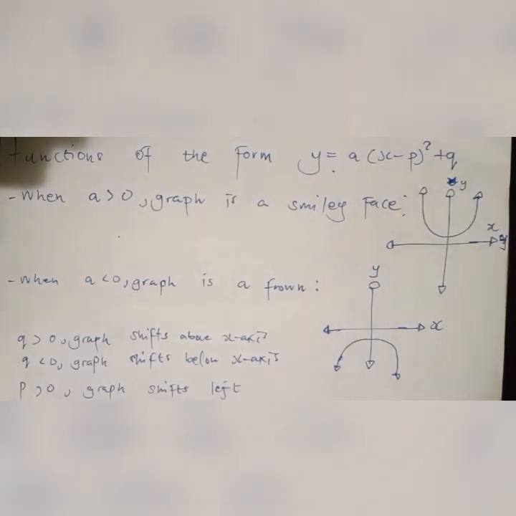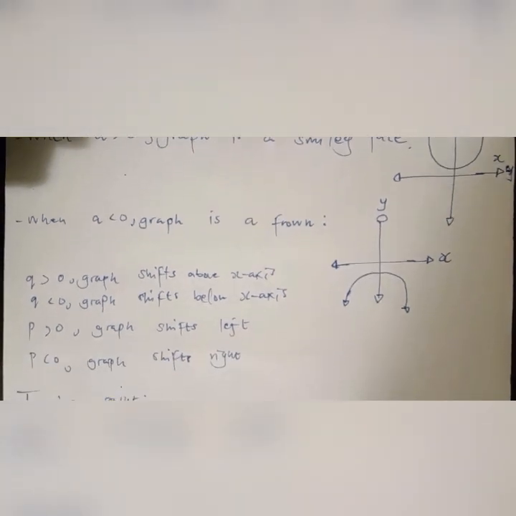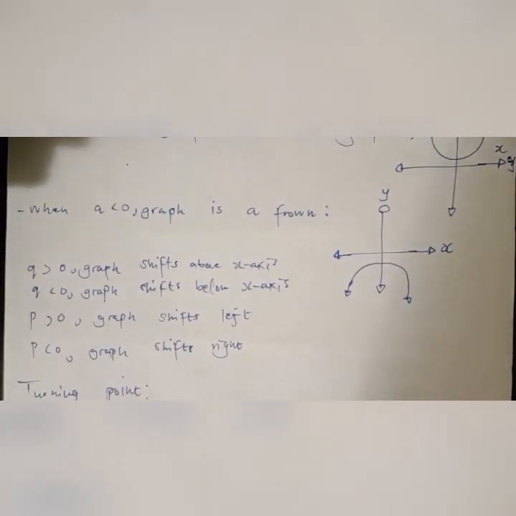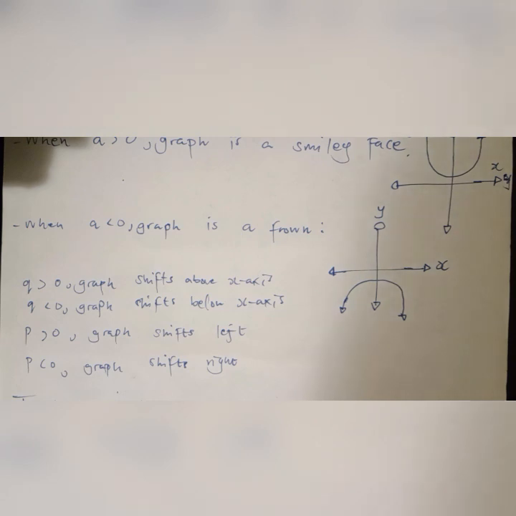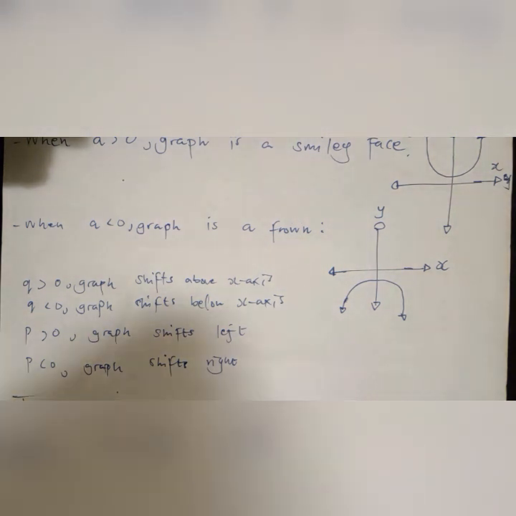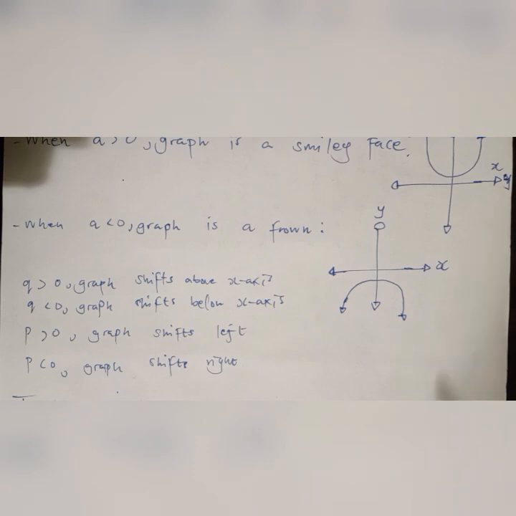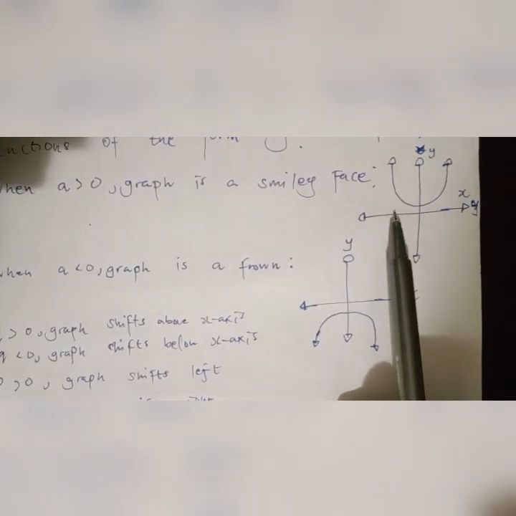Now let's move on and talk about the parameters of the parabola. Now q shifts the graph up and down, and p shifts the graph left and right. So when q is greater than 0, the graph shifts above the x-axis, or the graph is above the x-axis, like this one over here.